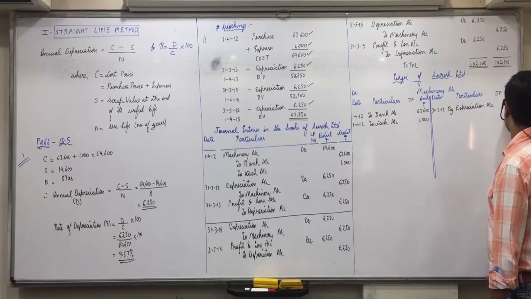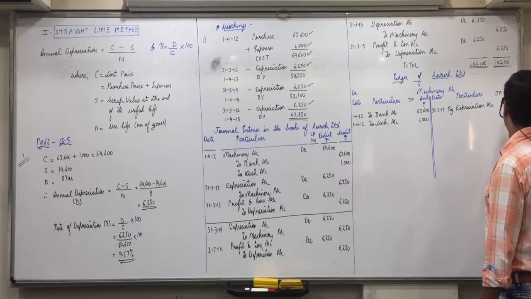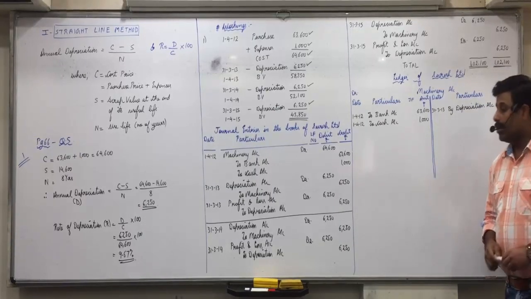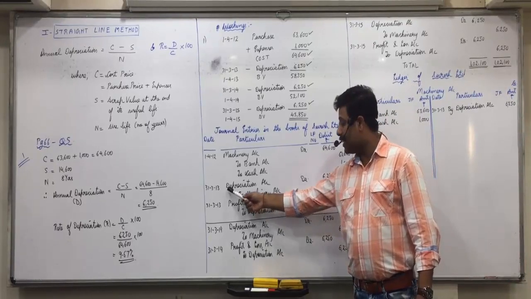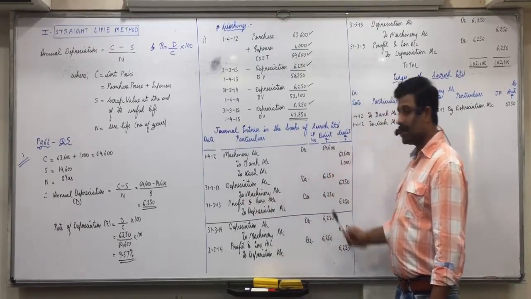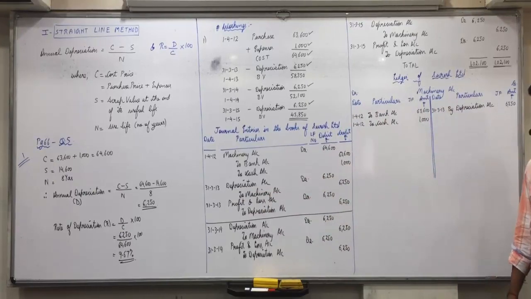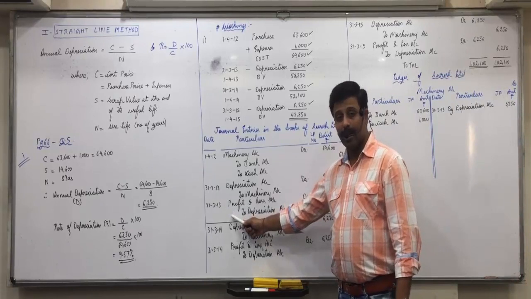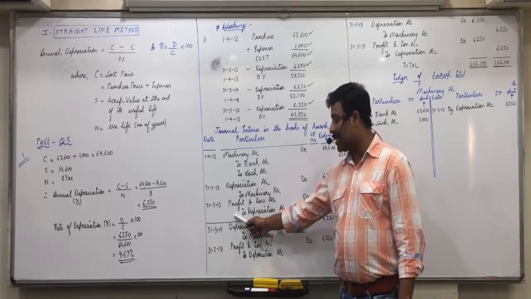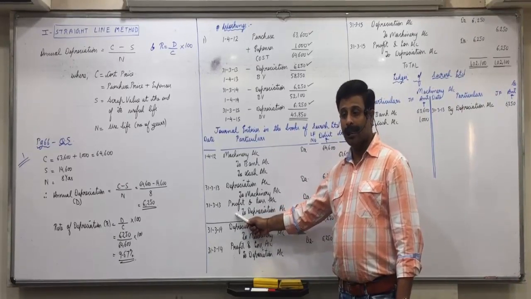Amount is 6250. Okay, to machinery account, so on the credit side of machinery, opposite by depreciation account 6250. Is everyone clear with it? Yes, sir. Third entry will have no effect on machinery account. In the third journal entry, do you find machinery account? No. So it will have no effect.